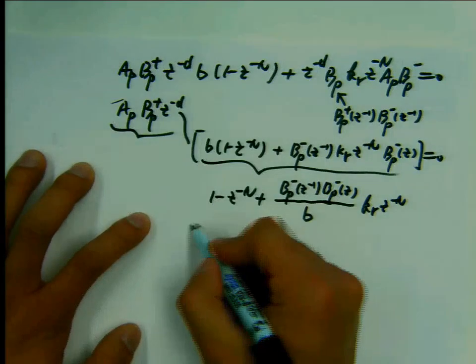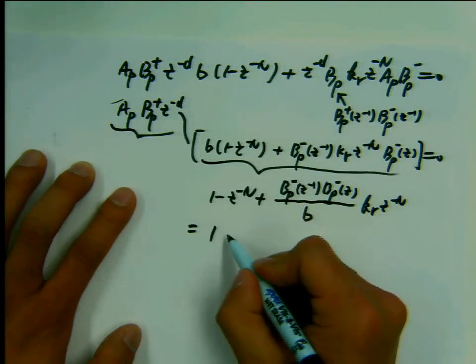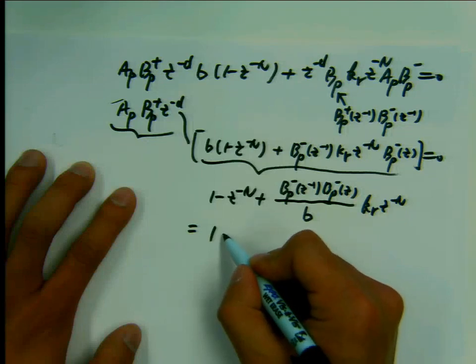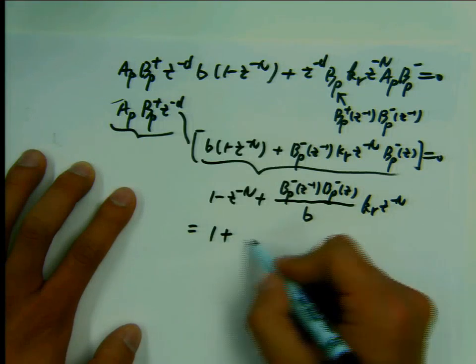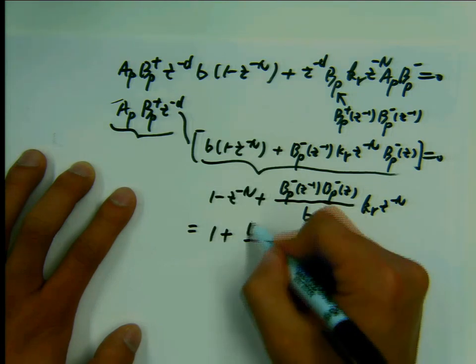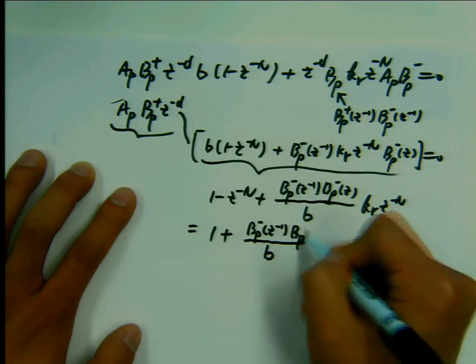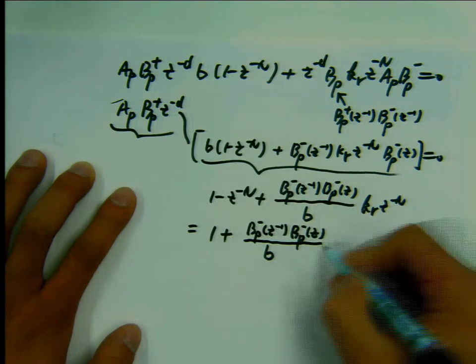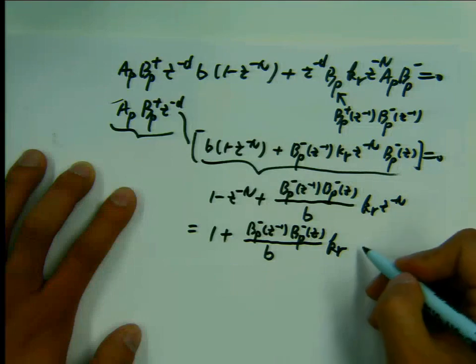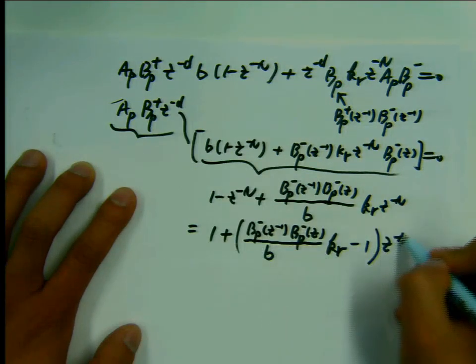Okay, so this equals 1 plus B, BP inverse z negative 1, BP inverse z, KR minus 1, z negative n.